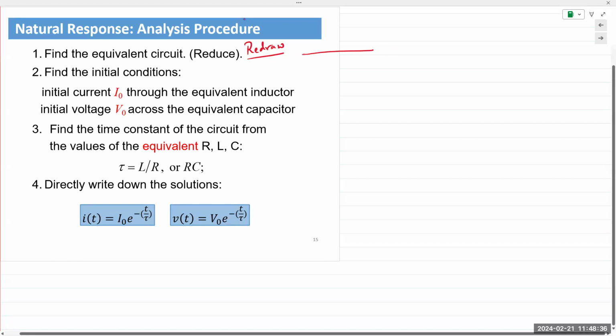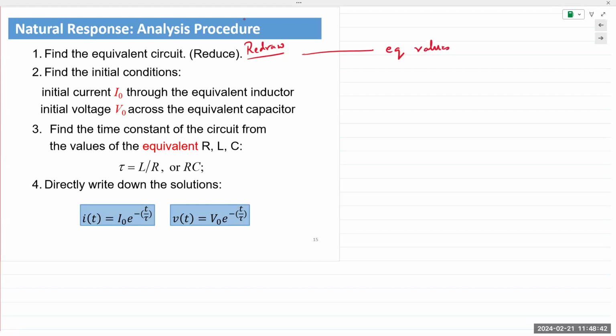Actually, should be lowercase. Okay, so redraw the circuit after time t equals 0 and then reduce.